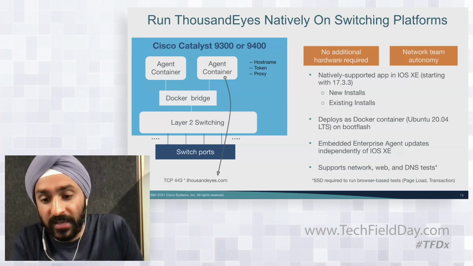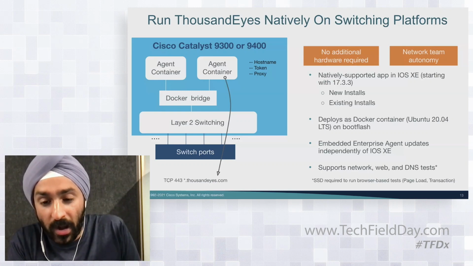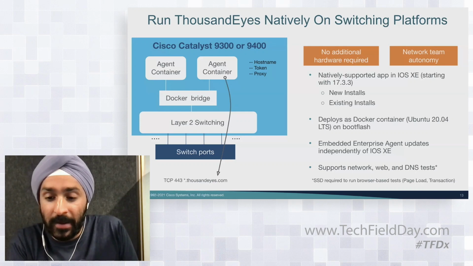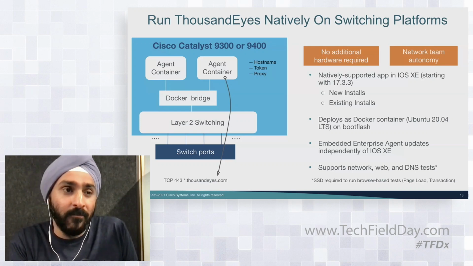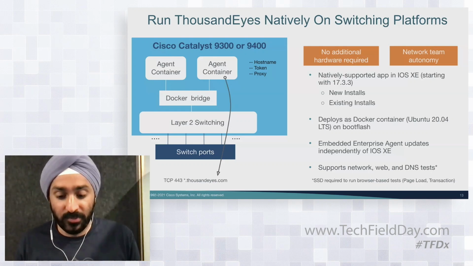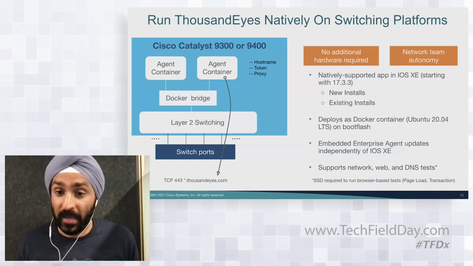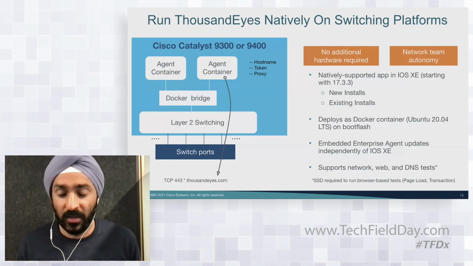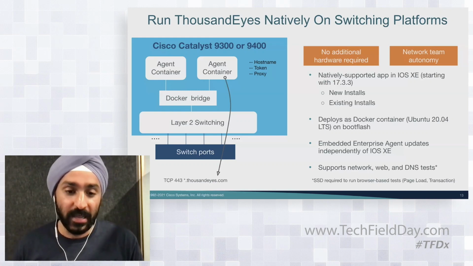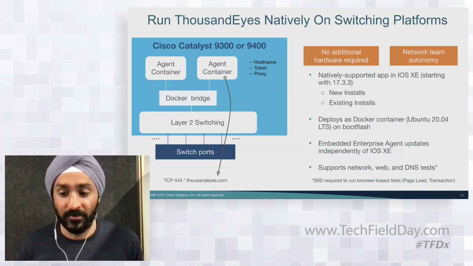The only caveat to this is requiring SSD when users need to run browser-based tests. These are the tests that allow users to render an entire web page or a series of web pages within the agent environment for application layer telemetry, and then correlate that down to the network.